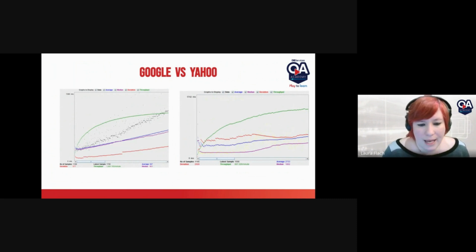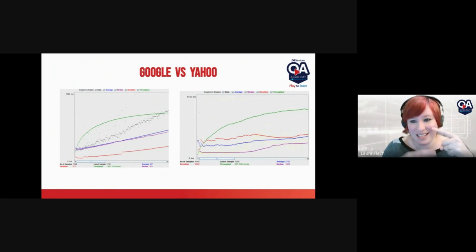And for the average and median, we can also see the same thing. We can see that Google is more stable because the average of Google is 987 and the median is 967. So the difference is only 20. So it's very, very stable. And if you analyze the average and the median from Yahoo, we can see more than 1,000 of difference.